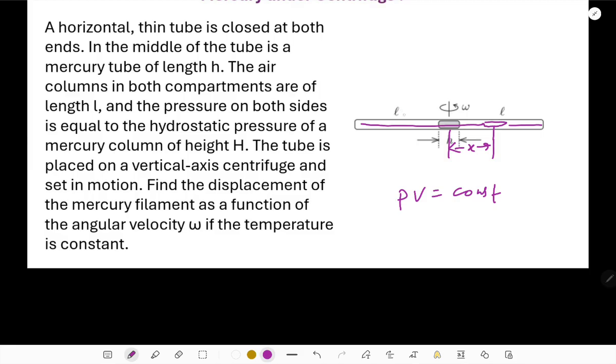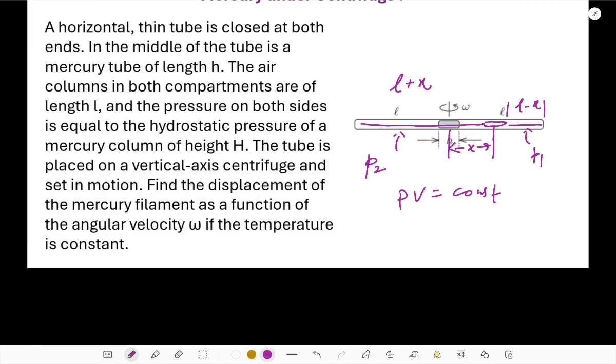On the left side, the length of the air column is simply L plus x, and on the right side of the mercury filament, it has simply become L minus x. And so the pressure will change. Suppose this side pressure is P1 and this side of the tube pressure has become P2. So pressure has been changed because volume has been changed. So the forces acting on both sides of the mercury filament will be changed.